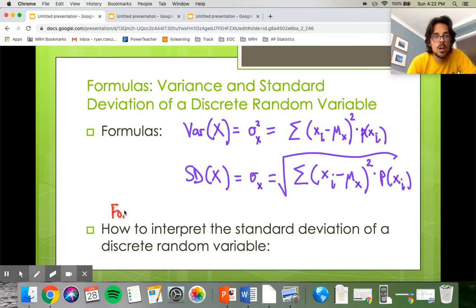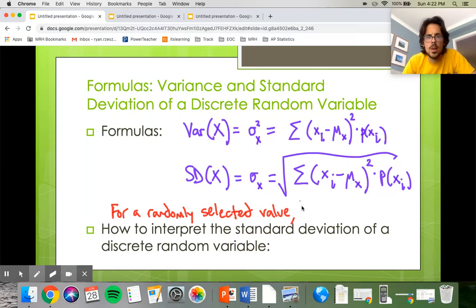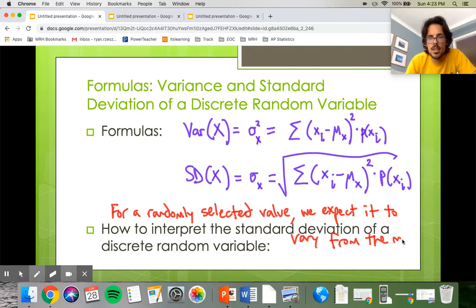So for a randomly selected value, we expect it to vary from the mean of blank by blank.